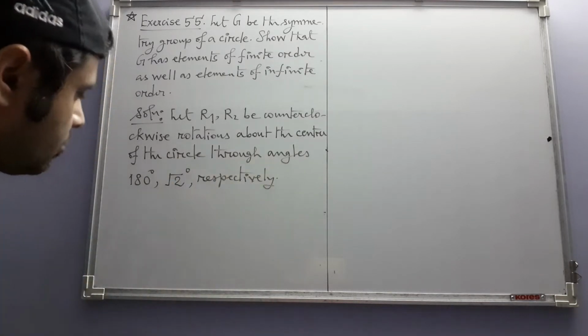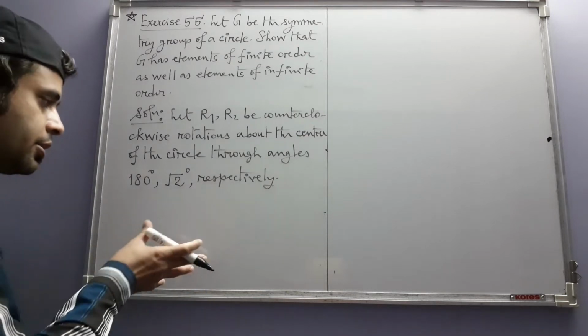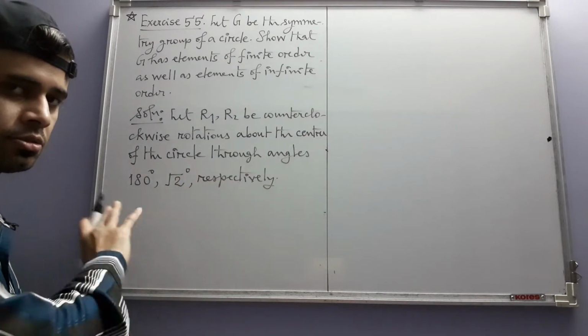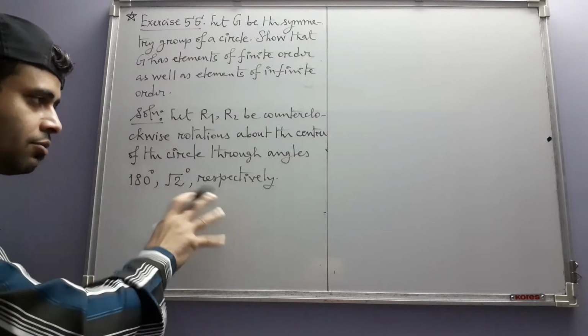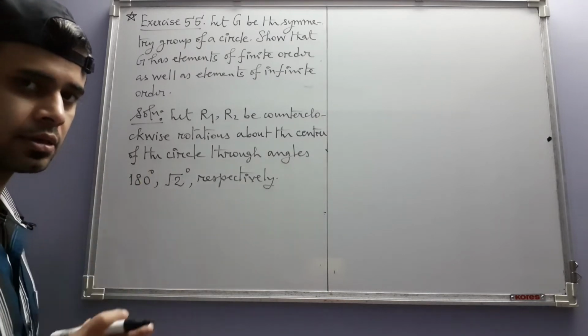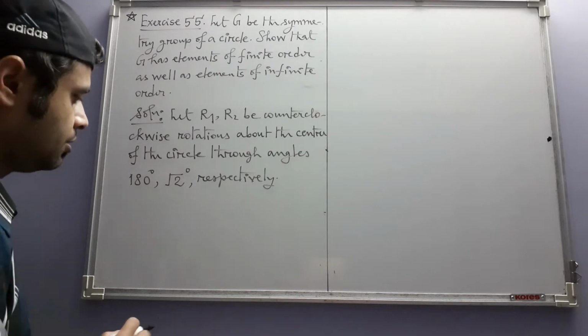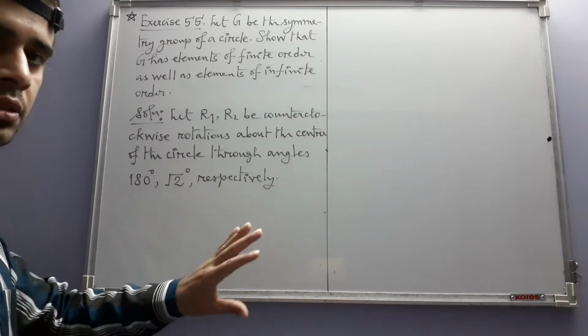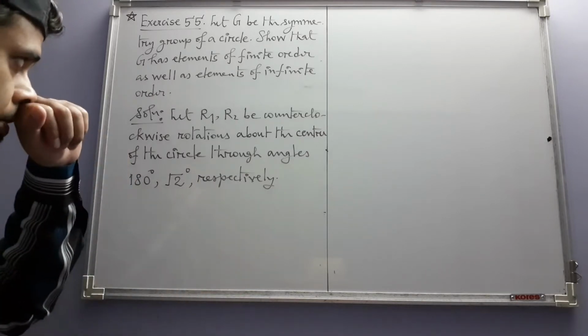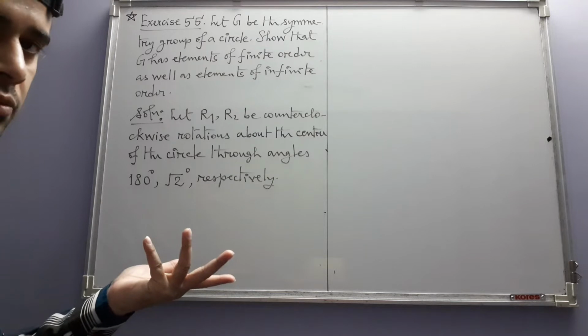Now they are counterclockwise rotations through some angles, where the center of rotation in each case is the center of the circle. So when you perform such a rotation, the circle looks the same. So each one of them is a symmetry of the circle.